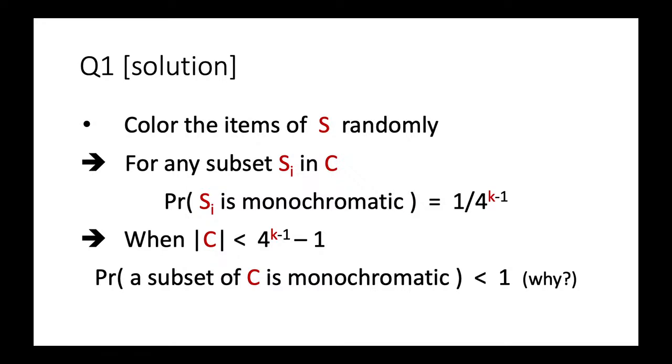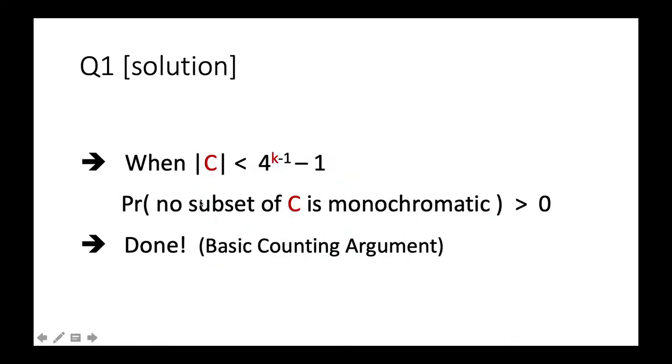And this is all we need, because when we have this result, we can find the complement of this event. This is the chance that some subset of C is monochromatic. The complement of this event is that no subset inside C is monochromatic, so every one of them is not monochromatic.